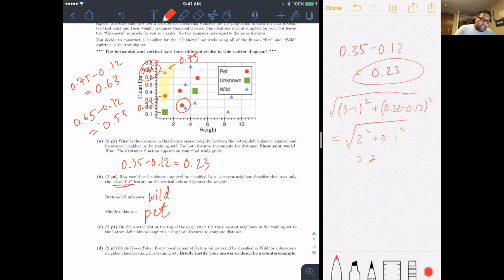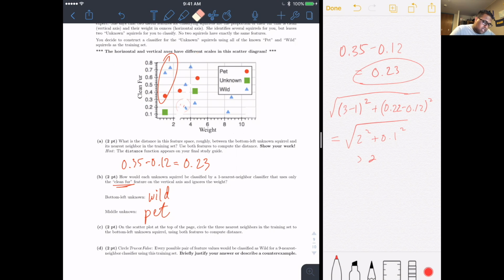Those values are much less than 2, right? So that means these 3 are by far the closest neighbors to the bottom left squirrel. So that's our answer there. And again, it's very misleading because of the scale, but that's just how it is. And so that's the answer for this one. I guess we can say that's done.